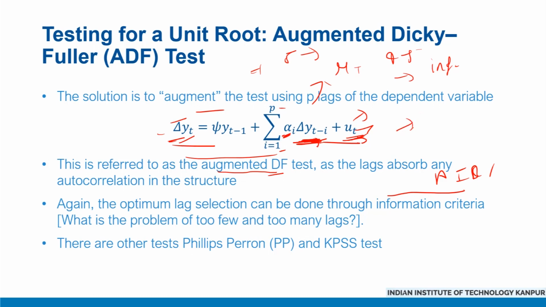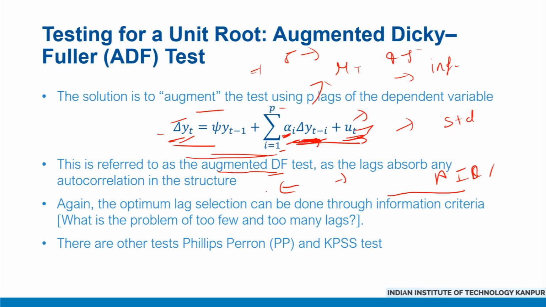It soaks up a lot of degrees of freedom, that is, the number of observations, or leverage, available to you to estimate the model, and that will be absorbed by these new parameters. Essentially it will result in higher standard errors of estimates and a poor model estimation. So there is a trade-off between choosing too few lags or too many. You need to choose an optimum number of lags, and then run your augmented Dickey-Fuller test of non-stationarity.